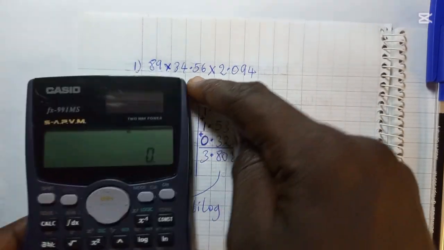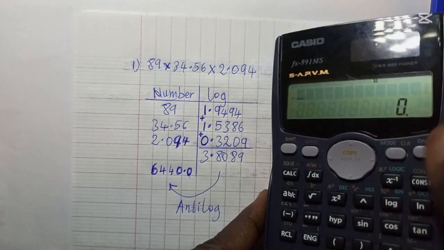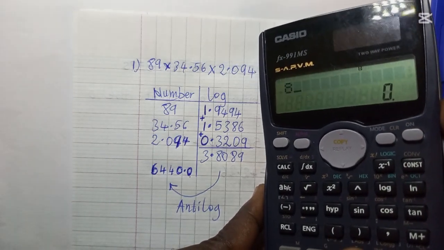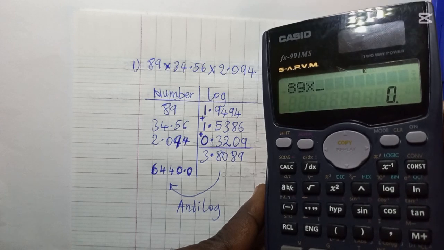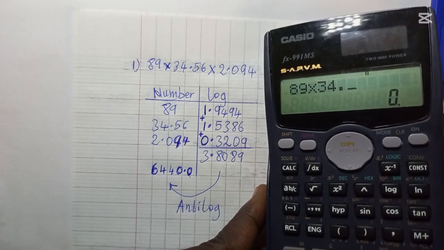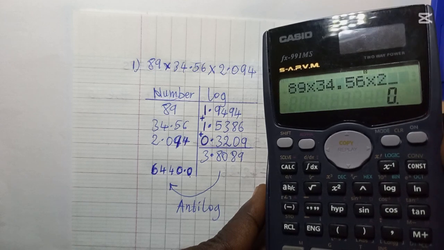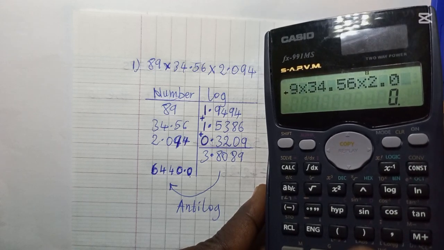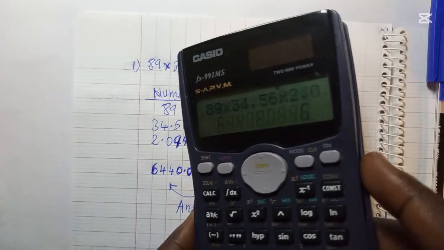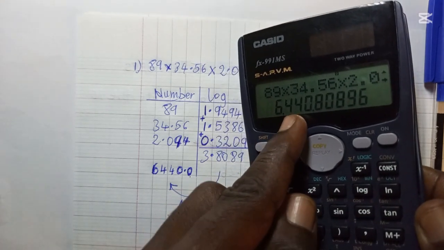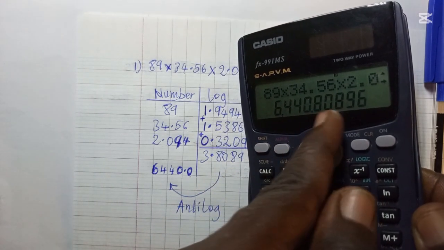When you use your calculator to confirm it, you will see that I have 89 times 3, 4.56 times 2.094.